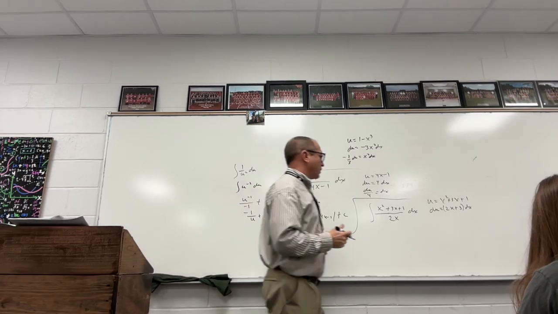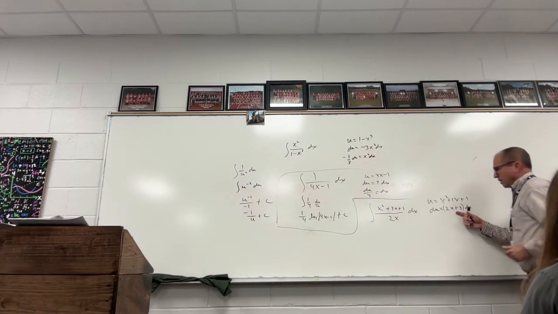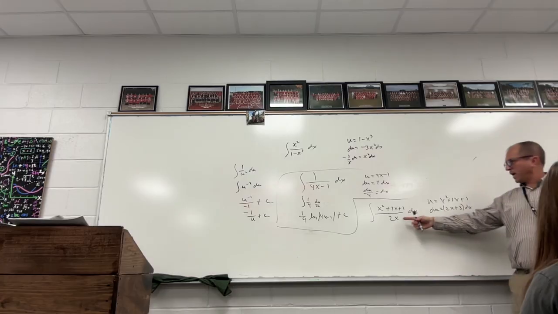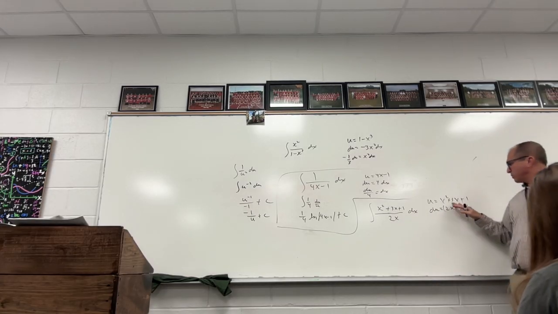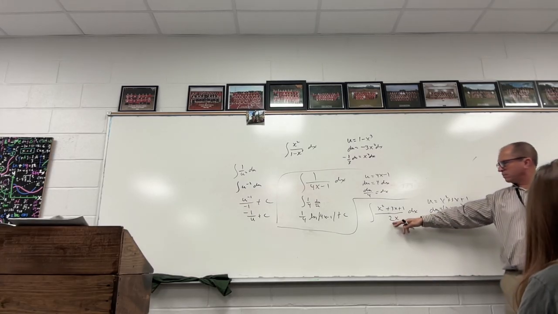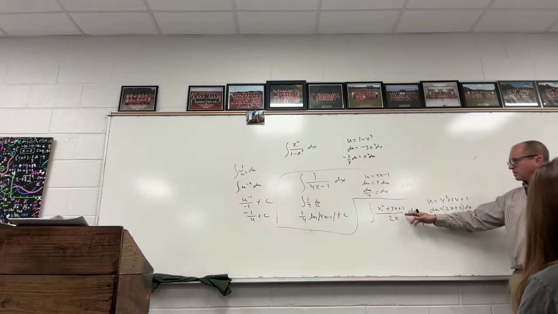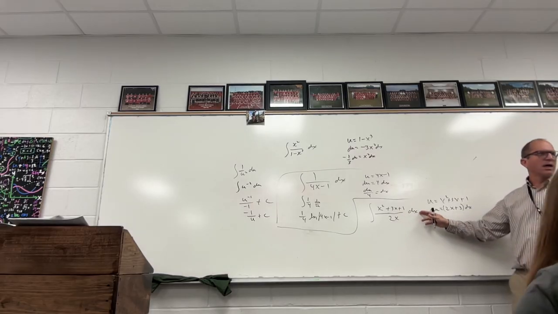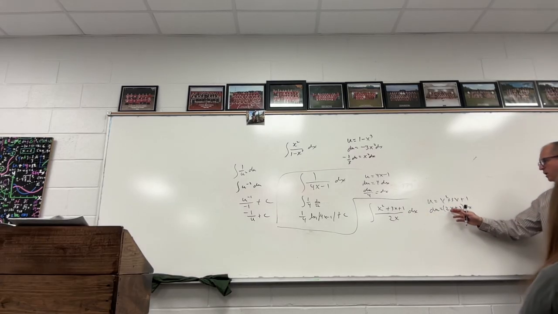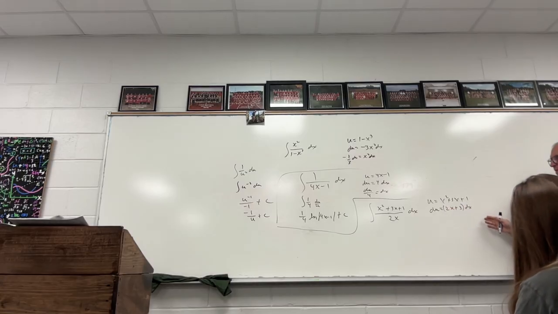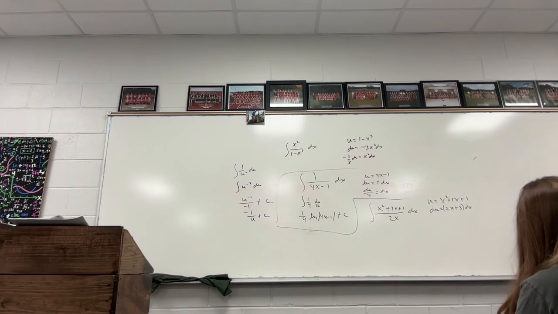We've got this 2x plus 3 in here, right? Now I've got a 2x here, but even if this was just 2x, it still wouldn't work because you don't have a 2x times dx, it's a 1 over 2x times dx. Where right here, it's 2x plus 3 times dx. So we've got a problem here.